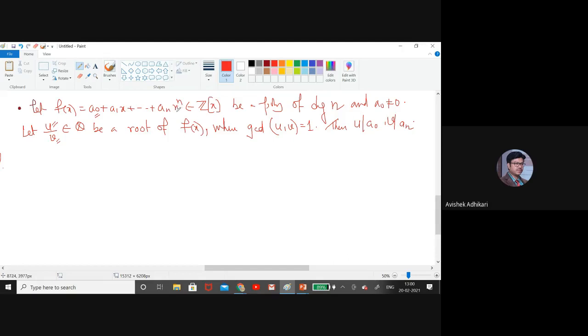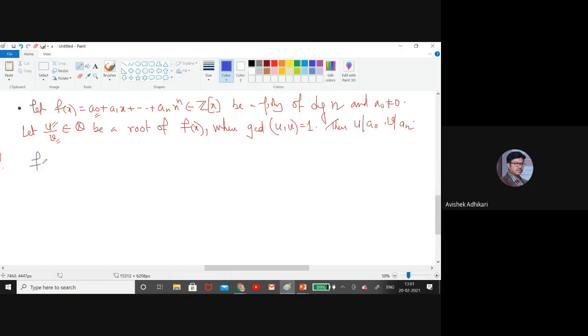So sometimes this is very important because in many cases we try to show that there exists no such rational root. Then if you use this, if possible there exists some rational root, then it will be like this, and then suddenly you find that okay, u and v must satisfy this property, and from this property you might get some contradiction.